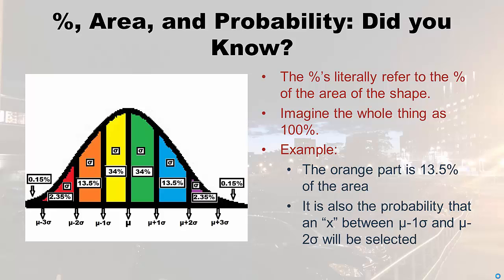And imagine the whole thing is 100%. Just to remind you, the orange part is 13.5% of the area of the whole shape, but it also is the probability that an x, like a student, falls between mu minus 1 standard deviation and mu minus 2 standard deviations. If I select one x from this group, that 13.5% is the probability that I will get an x in that range. And so it means both things.